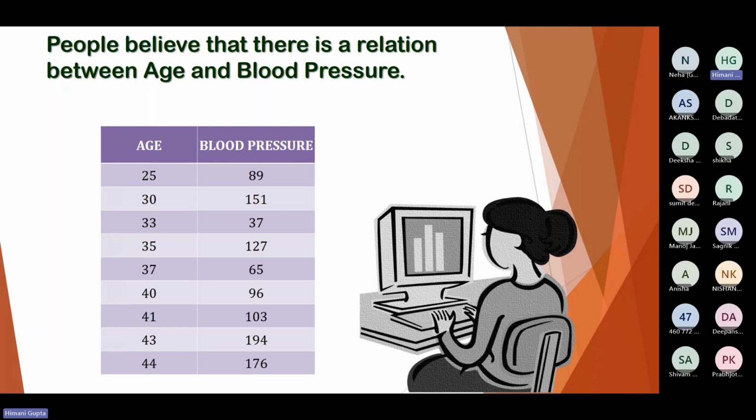If the age is changing, my blood pressure can also change, because as we grow older, we think that we have this problem of high BP. Mainly people are having the problem of high BP. So we are saying that as the age increases, your BP tends to increase also, because there are various problems that every person is facing.